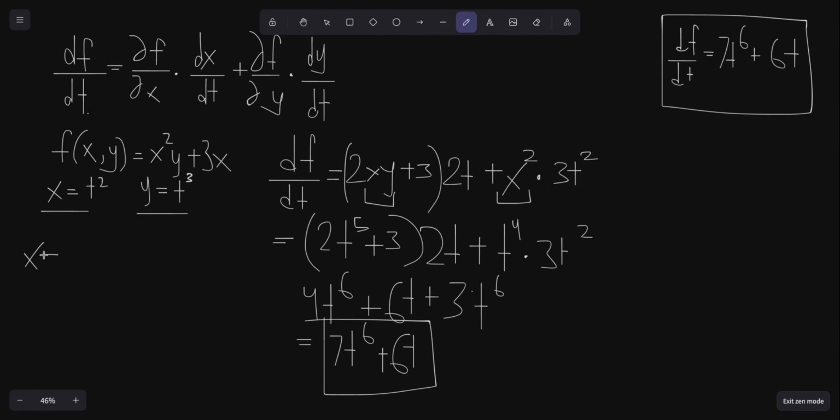Imagine instead of x equals t squared, x was like e to the t squared minus sine of t. Imagine how terrifying it would be if it was the same scenario with y. Imagine how terrifying it would be to substitute everything in first and then try and differentiate that. That would be an absolute nightmare.